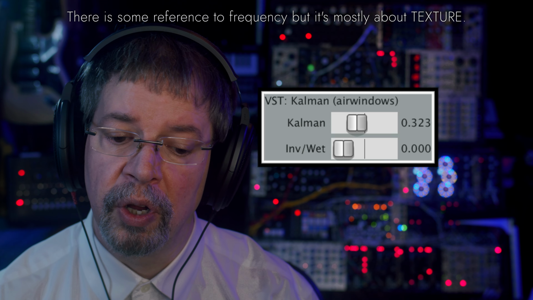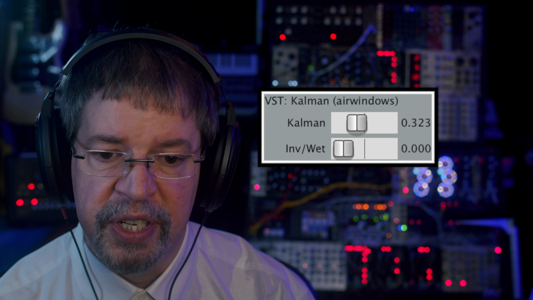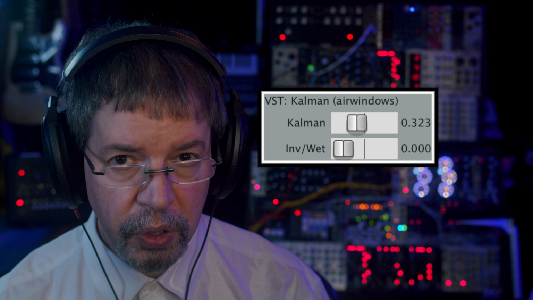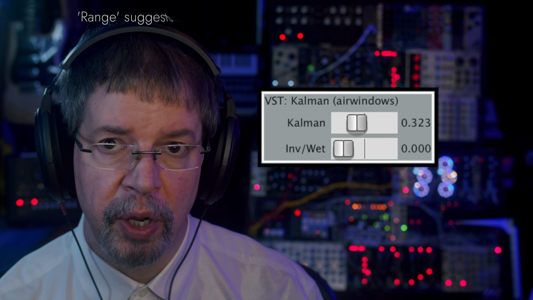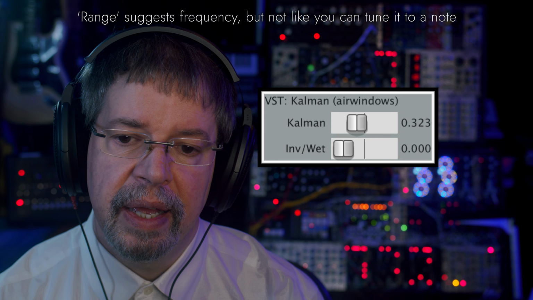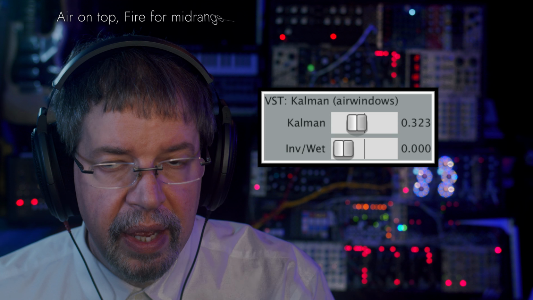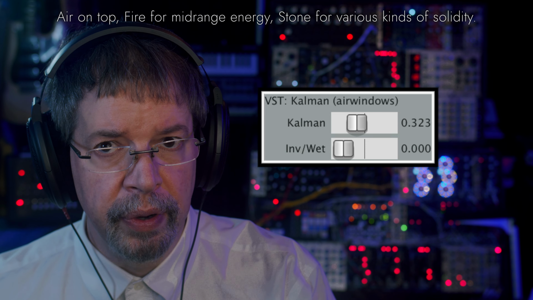I don't really want to call it mid-range, I don't really want to call it bass. It doesn't really describe what's happening. This that is called Kalman here, which is like a frequency cutoff control, I'm going to be calling range. And the bands that we are going to arrive at will be air, fire, and stone.